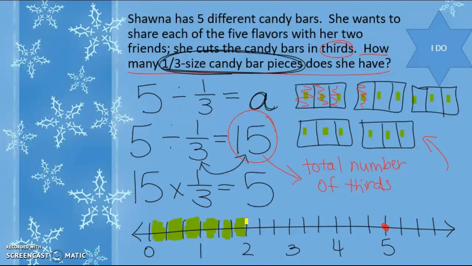Well, let's see. 1, 2, 3, 4, 5, 6, 7, 8, 9, 10, 11, 12, 13, 14, 15. Hopefully that makes sense to you. If not, just rewind it back and watch again.